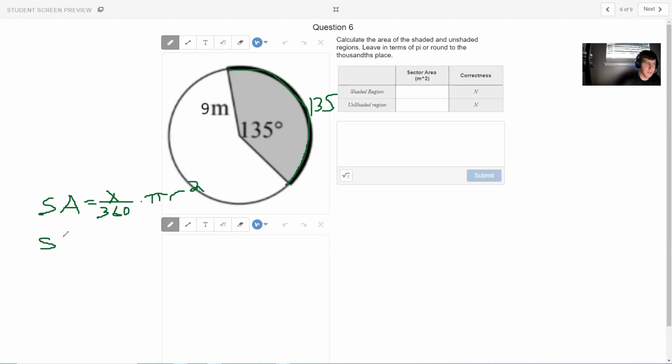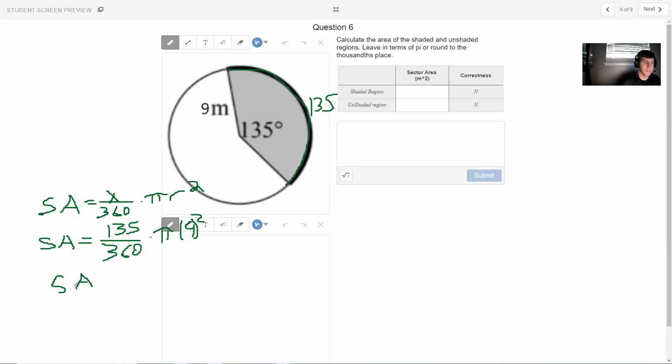So that's going to be sector area equals 135 over 360 times pi times 9 squared. Okay, so that's going to be sector area.